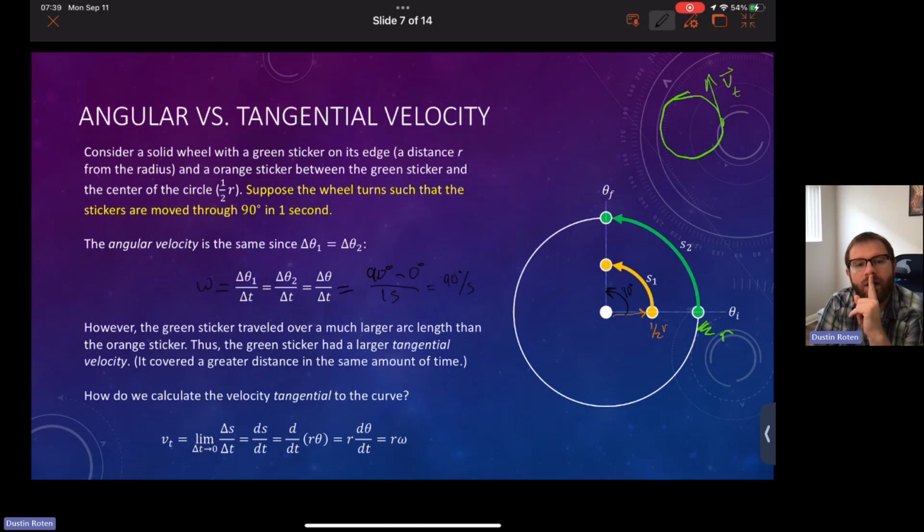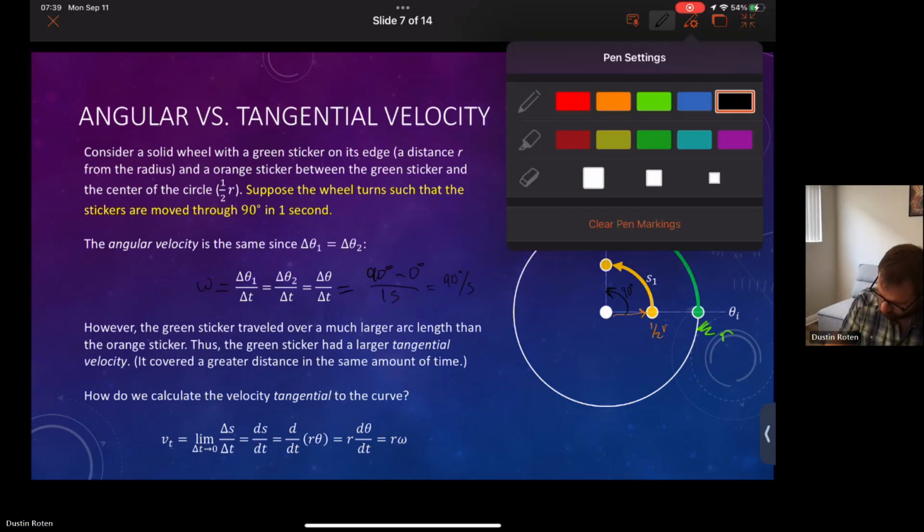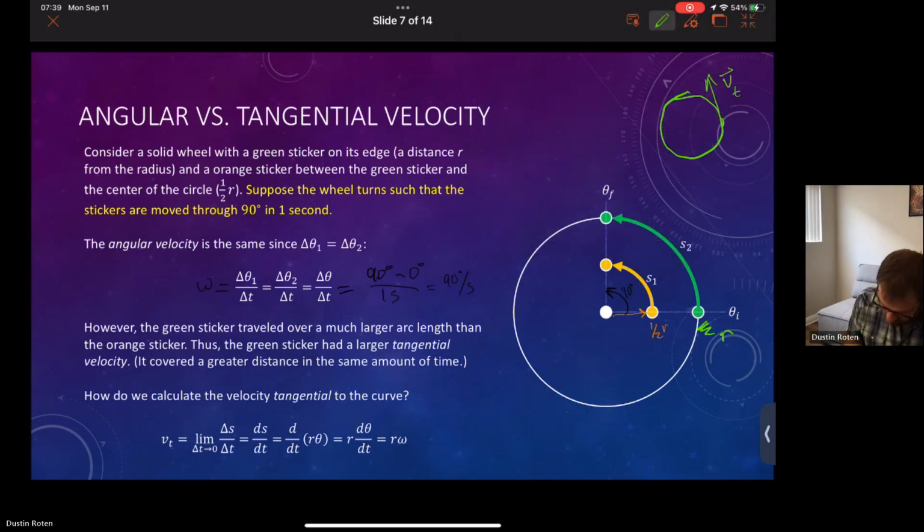However, if you look at the arc lengths, S1 versus S2, you'll notice that the green sticker traveled over a much larger arc length than the orange sticker. So that means the green sticker covered more distance. Remember, velocity is always distance over time.